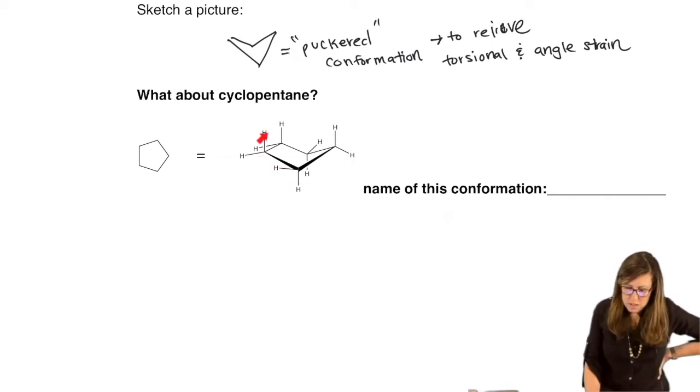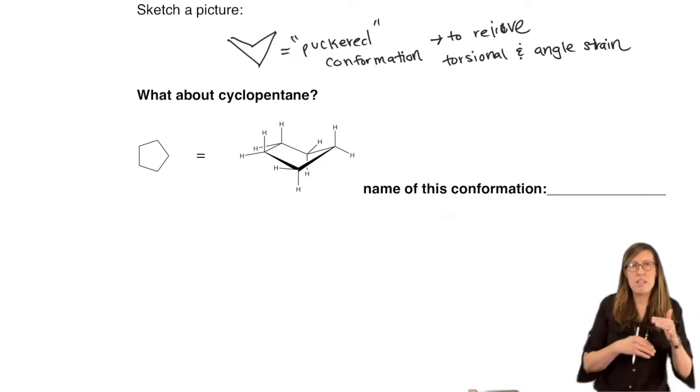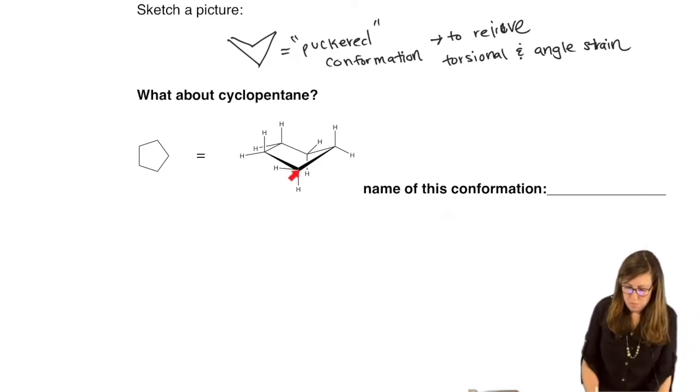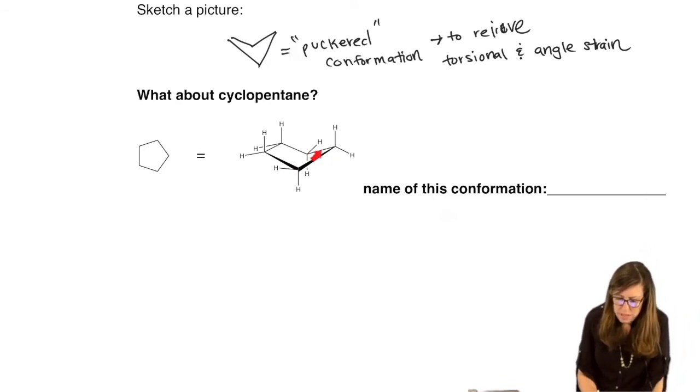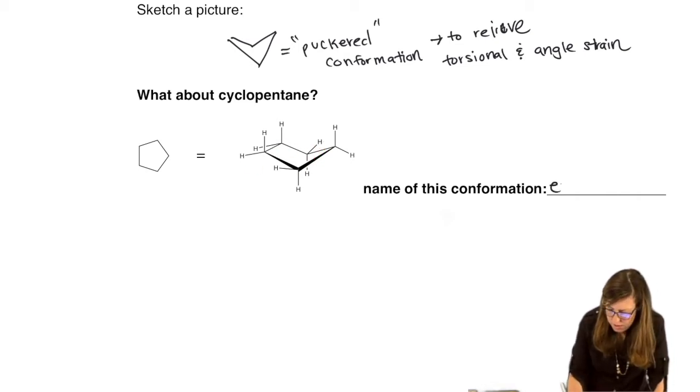Notice it still has some eclipsing H's, so it's not perfect, but it can equilibrate, it bends back and forth between the several different, which one becomes the flap, in other words. So the envelope conformation looks like a little envelope that you're about to seal right here, right? So here's a flap you'd fold down. So this is called the envelope conformation.